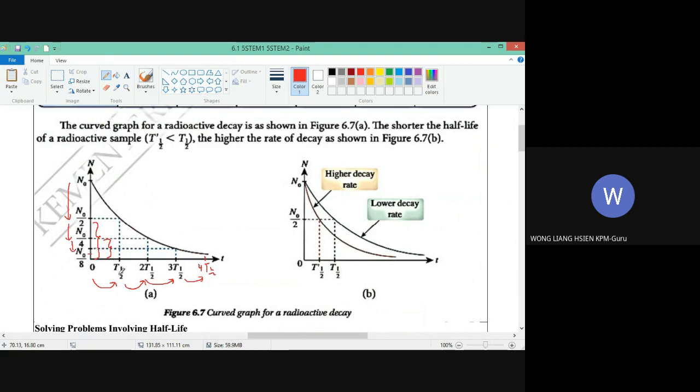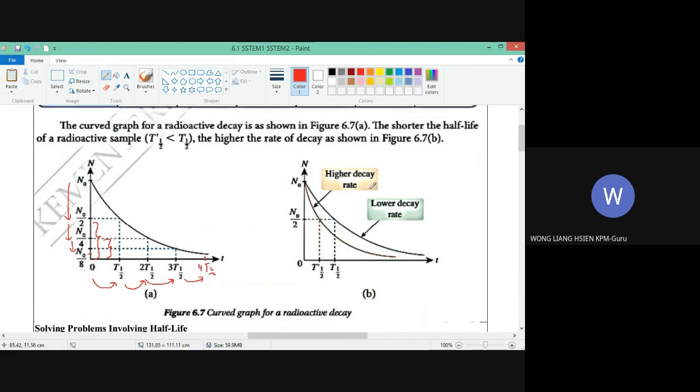You see, okay. If we compare the curves of different radioactive samples, we can see which one has a higher decay rate and which one has a lower decay rate.